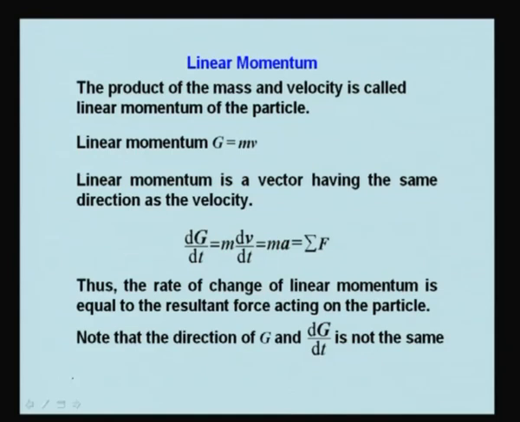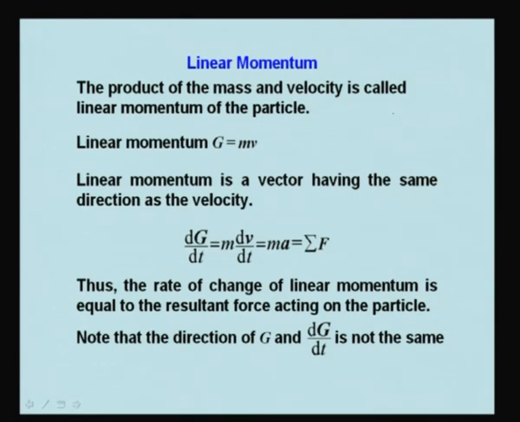One can have, of course, mass into velocity cube, but we are not familiar with such a physical quantity. Now, if we just take mass into velocity, we define a function g, which is mv. The product of the mass and velocity is called the linear momentum of the particle. Linear momentum g is equal to mv.